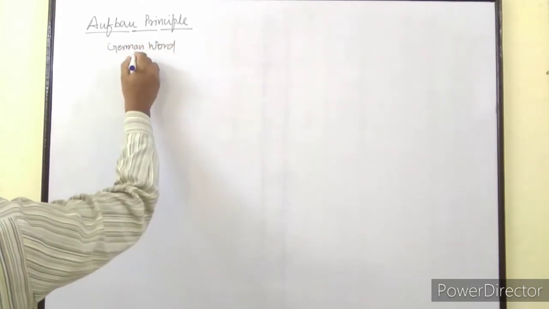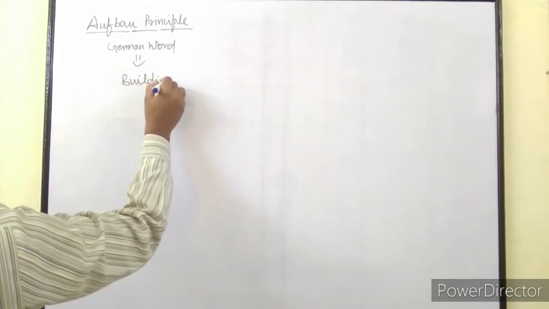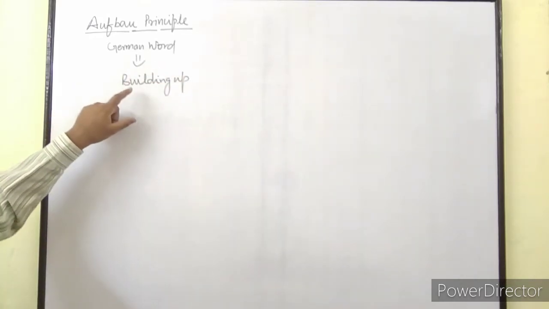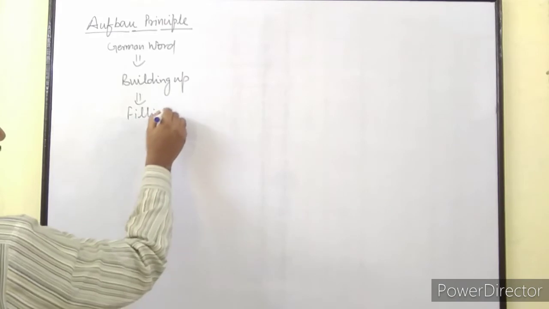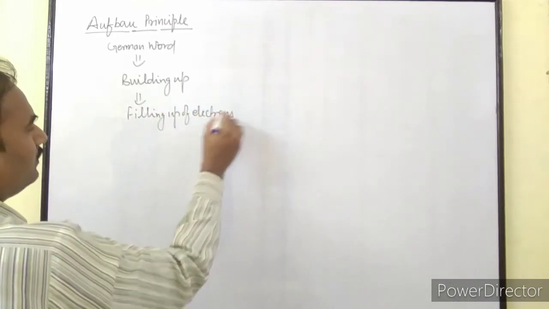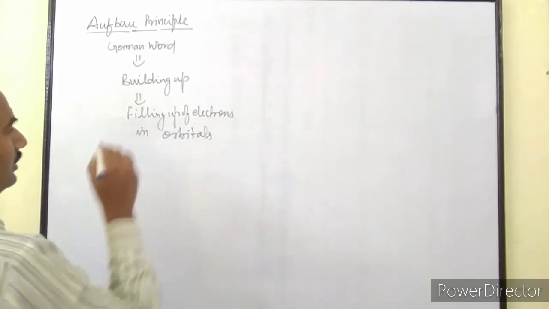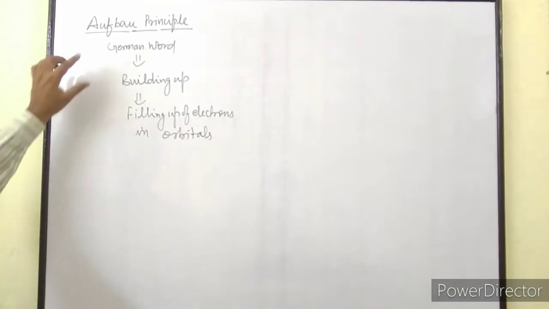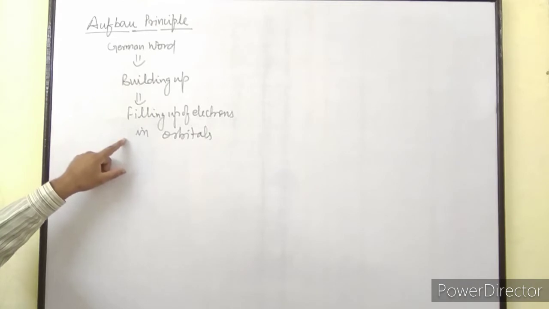जर्मन वर्ड which means building up, and building up of orbitals means filling up of electrons in orbitals. It means how the electrons are filled in atomic orbitals.